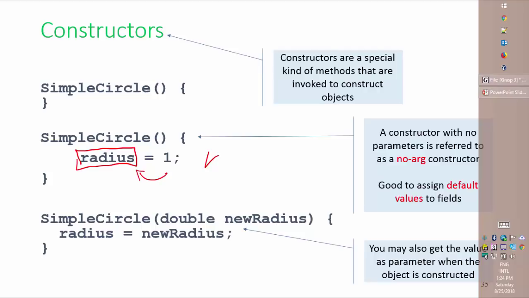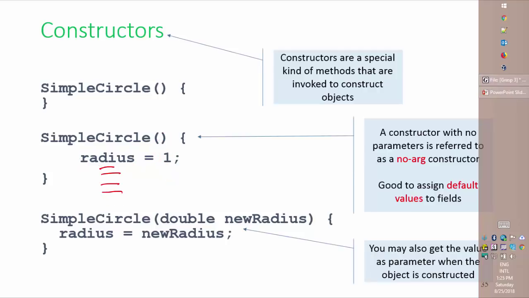It just takes care of initializing all of the fields of your class with default values. That's called a no-arg constructor because it doesn't take any parameter, any argument. And if I add multiple fields here that I wanted to be initialized when the object is first constructed, then I would have several statements here that each assign a default value to one of the fields of that class. So that's the second type of constructor.